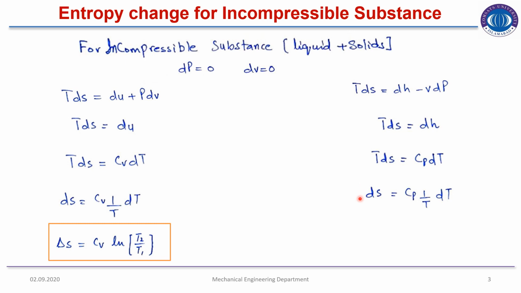In the next step, we have divided both sides by temperature T. So the relation is ds is equal to Cp (1 over T) dT. Then we have integrated both sides with limits 1 to 2. So the final equation is change of entropy is equal to Cp natural log T2 over T1.